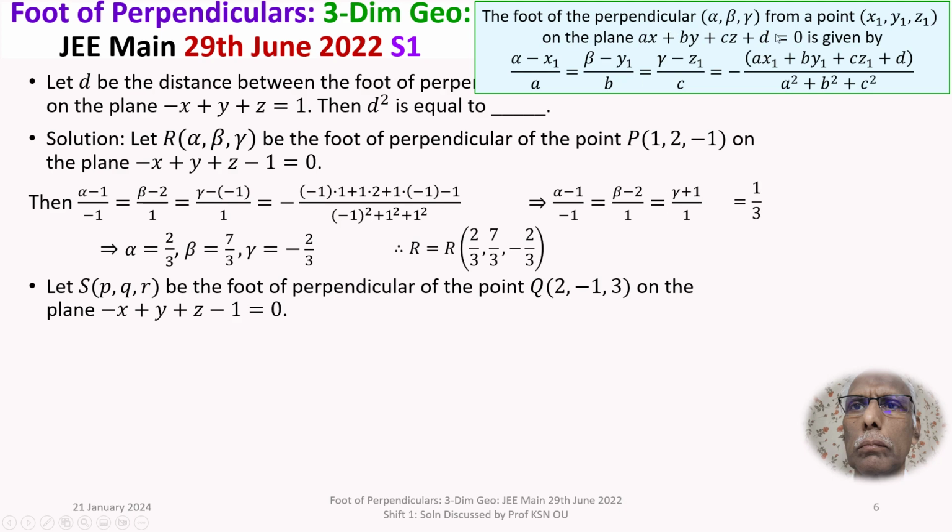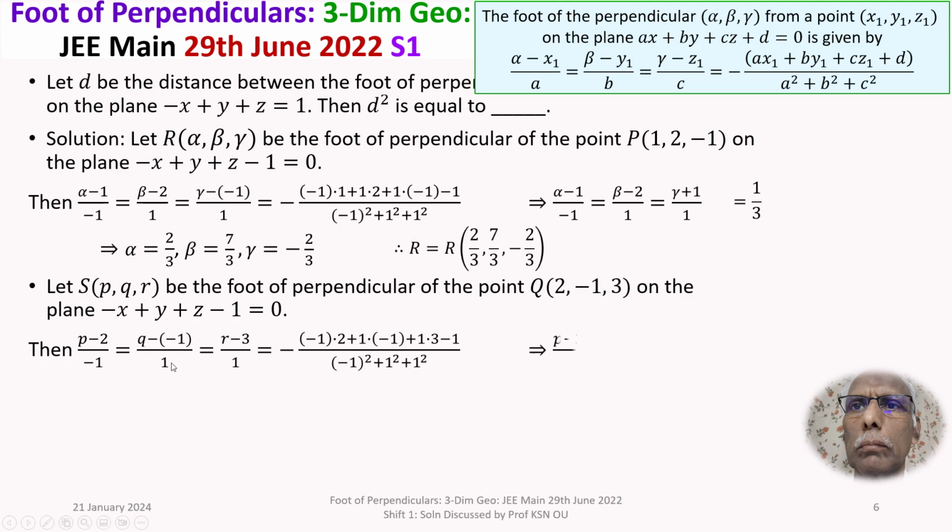Apply again the above formula, then you will get (p - 2)/-1 = (q - (-1))/1 = (r - 3)/1 = minus of (-1 times 2 plus 1 times -1 plus 1 times 3 minus 1), divided by the same a square plus b square plus c square, that is (-1) square plus 1 square plus 1 square.